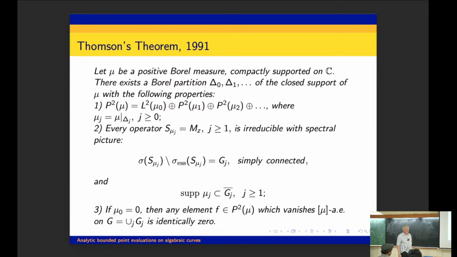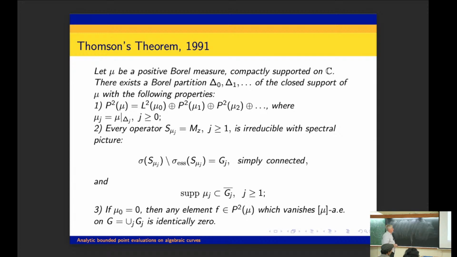So let's read a little of the statement, which is a little technical but relevant for what we are doing. We start with a positive Borel measure, compactly supported in the complex plane.